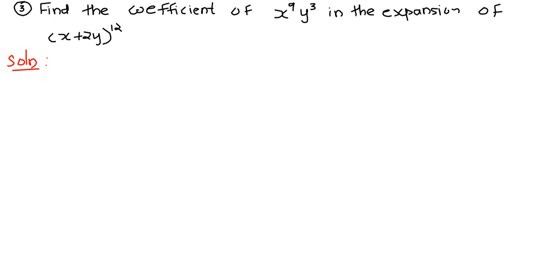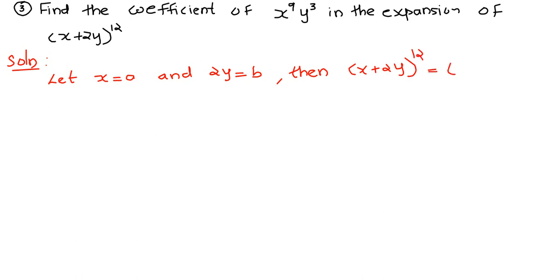നമുക്ക് ഫോർമുല അറിയാം. അപ്പൊ ഞാൻ let x is equal to a and 2y is equal to b എന്ന് കൊടുക്കും. Then (x plus 2y) the whole raised to 12 is equal to (a plus b) the whole raised to 12.